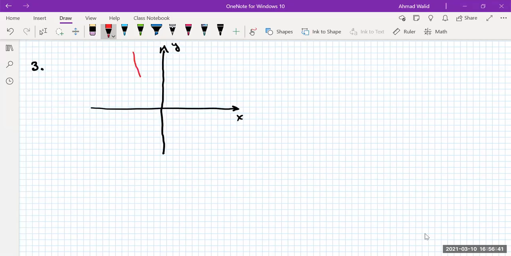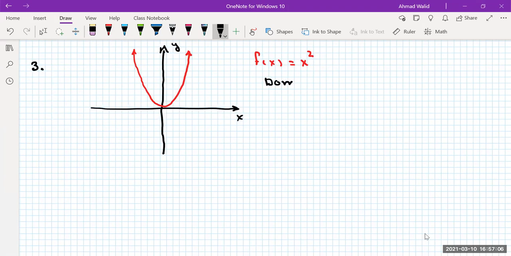Number 3. If I draw here a parabola, this function is f of x equal x squared, another parent function or another common function. Correct? Now, some information.